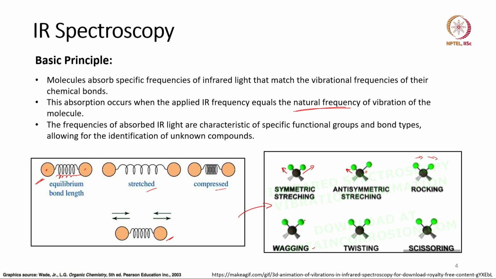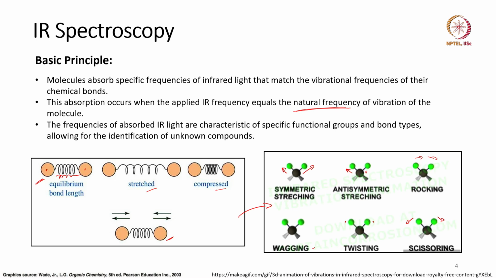Then we can have something called twisting, which is an anti-parallel motion between the two atoms, moving forward out of the plane. Then we can have scissoring, an anti-parallel motion in which both atoms move sideways, or in the y direction.